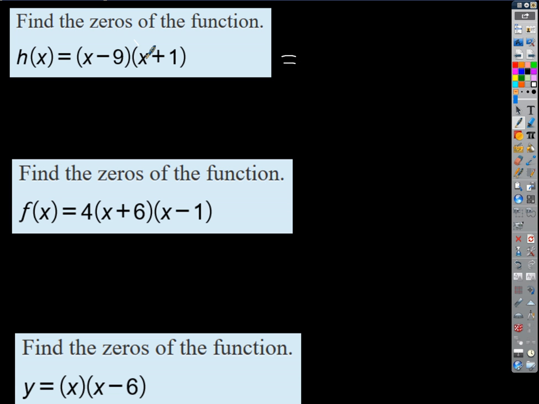If I distribute the x, I get x squared and 1x. If I distribute the negative 9, I get negative 9x and negative 9. So this whole thing is really just equal to x squared minus 8x minus 9, right?